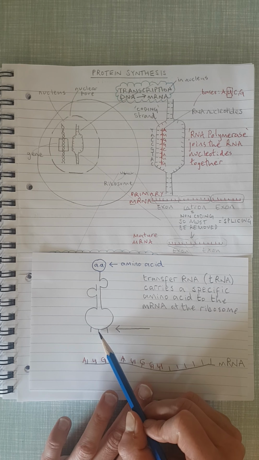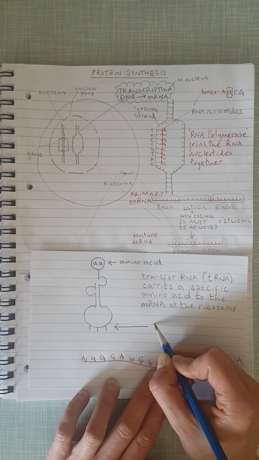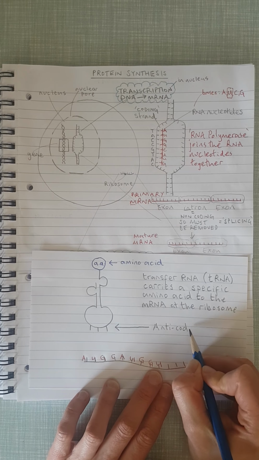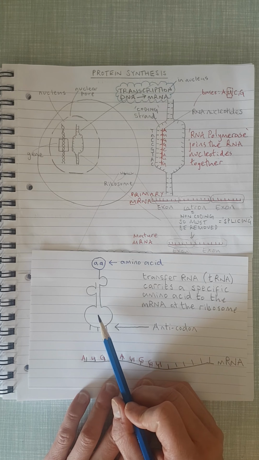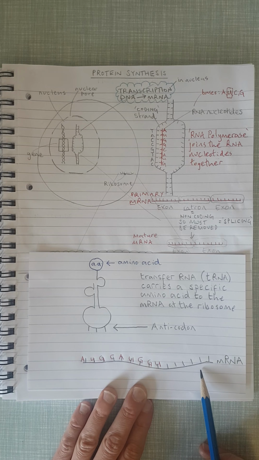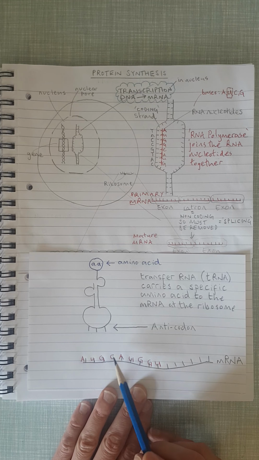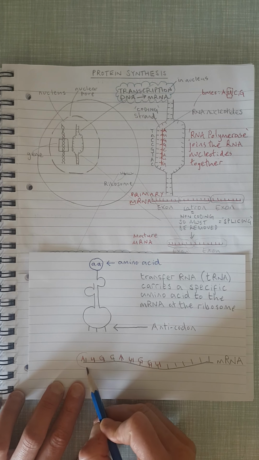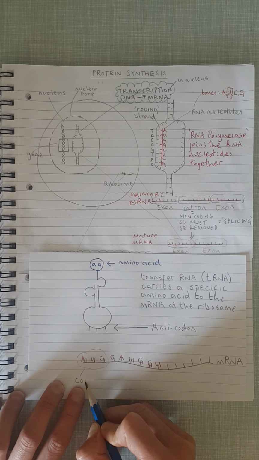So these three bases at the bottom, they're called an anticodon. And they're important because they allow the transfer RNA to interact with the mRNA, which I've drawn down here. Now, if that's the anticodon, we can say that this triplet of bases here is called a codon.